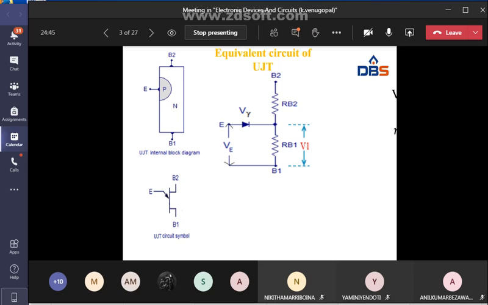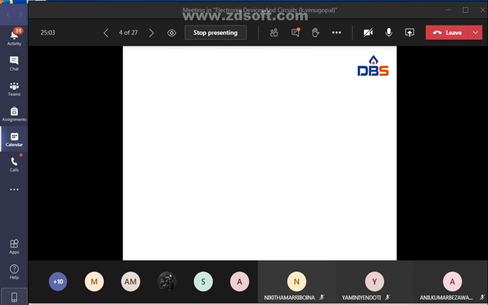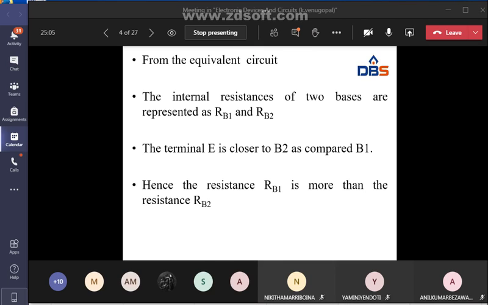The total resistance is RB1 plus RB2, that is the base spreading resistance. So RBB equals RB1 plus RB2.